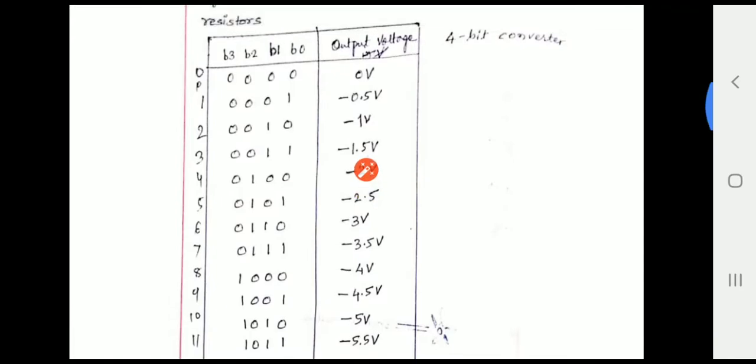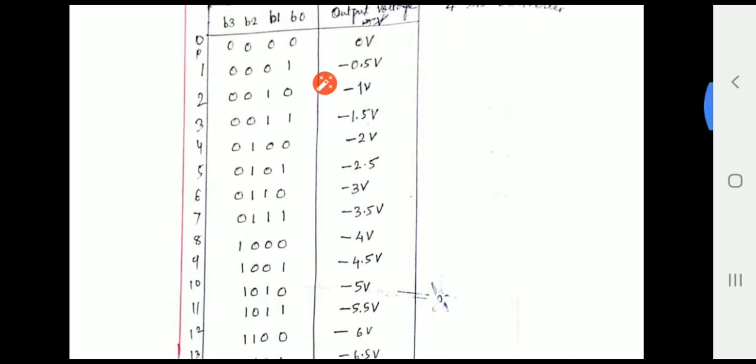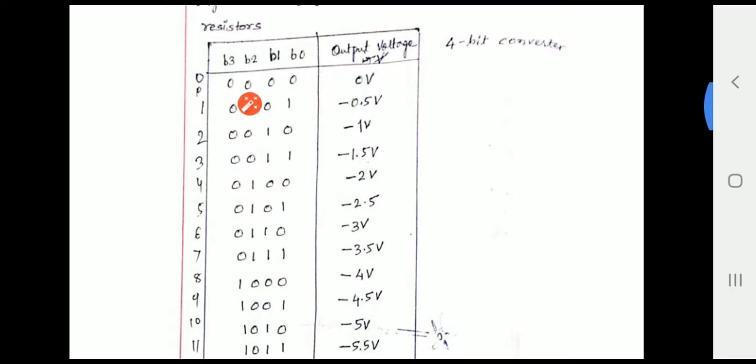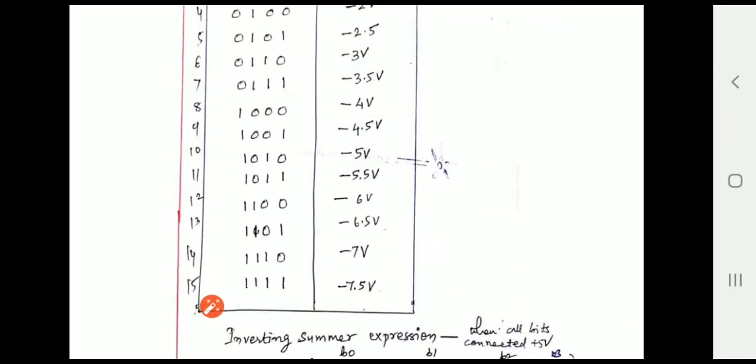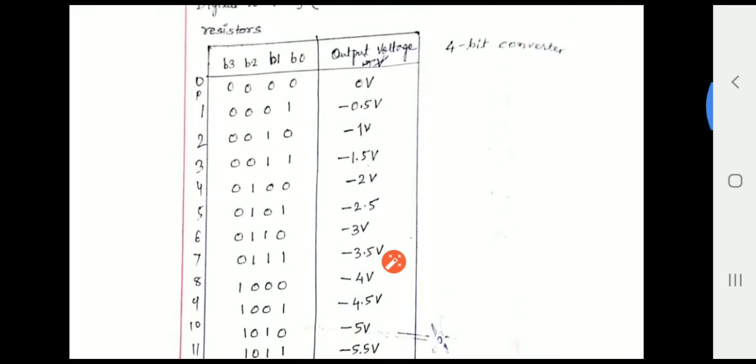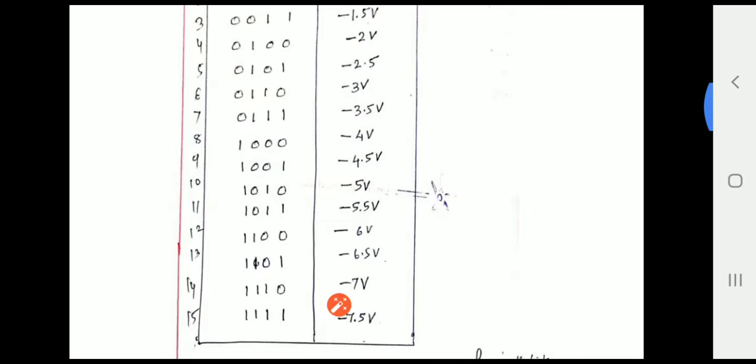There are 4 bits, so 2 raised to 4, that is 16 combinations, are used as input to convert into the analog output. It starts from 000 and ends at 111. The maximum value we get is minus 7.5 volts. These are all the analog outputs obtained from these digital inputs.